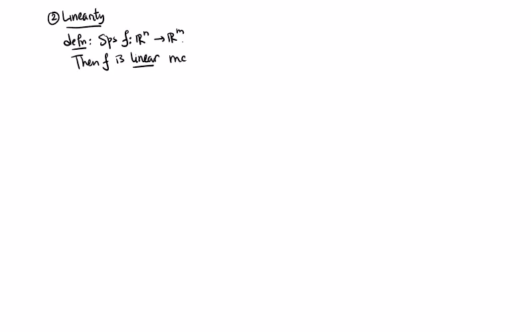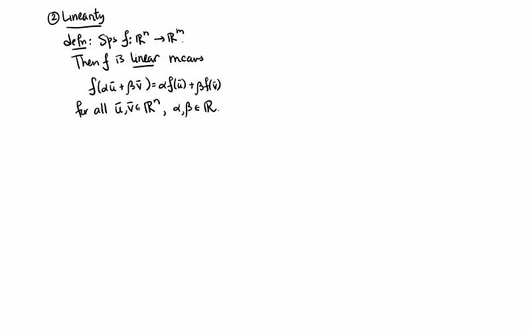This means that f of alpha u plus beta v is alpha f of u plus beta f of v. This is for all u and v in R^n, and all alpha and beta in the real numbers.